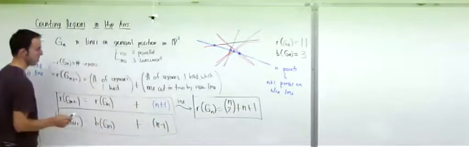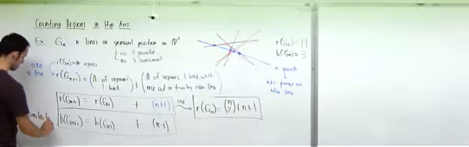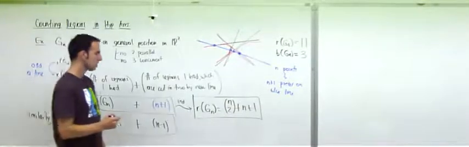Okay. So by a similar argument, you get this. Similarly, and then through induction, you're going to find that the number of bounded regions is n choose 2 minus n plus 1. Okay?